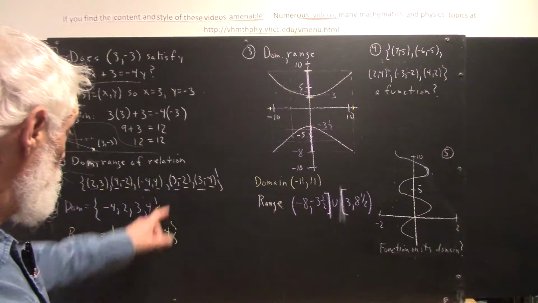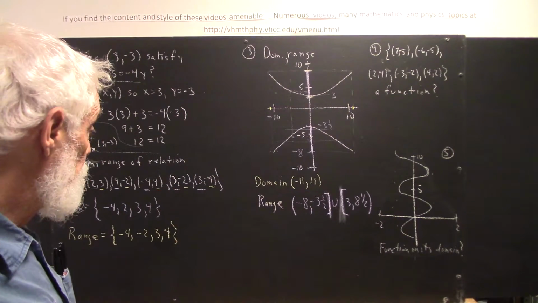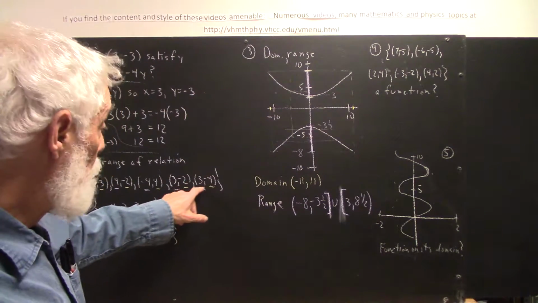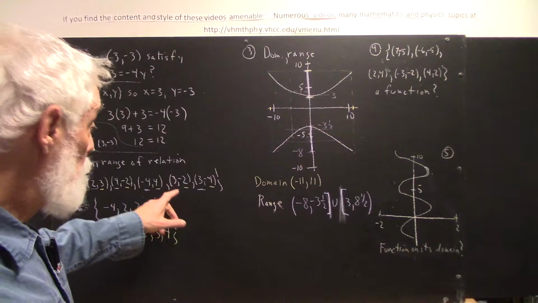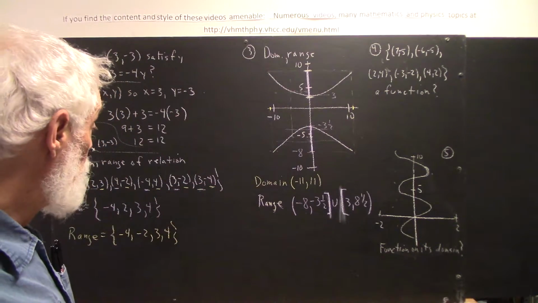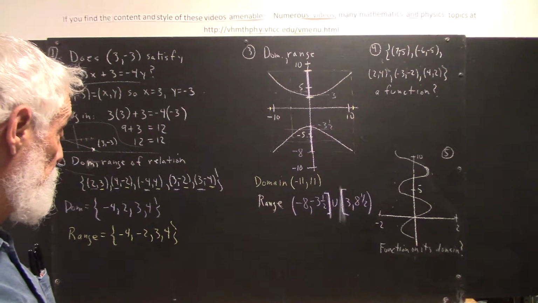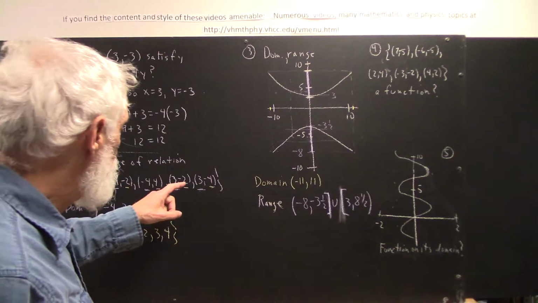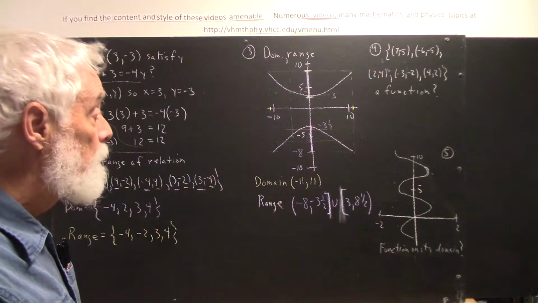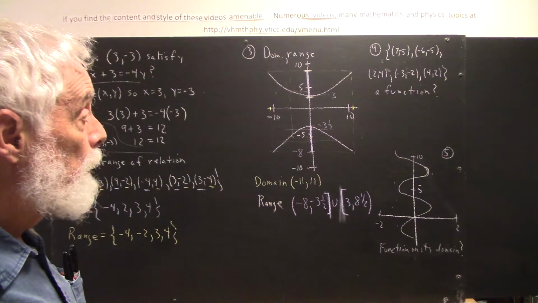Well, y is negative 2 because x is 3 here. But I could say, wait, x is 3 and y is negative 4. You can think y is equal to negative 2 when x equals 3. I think it's equal to negative 4 when x equals 3. If it's possible to disagree, then it isn't a function. If there are two different y values for the same x value, it's not a function. If there's exactly one y value for every x value, then it is a function.